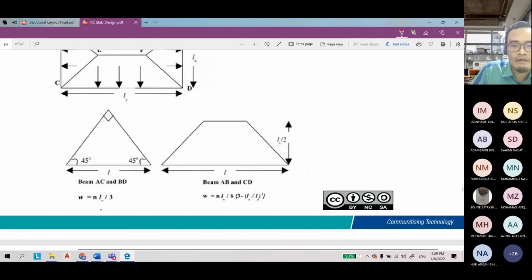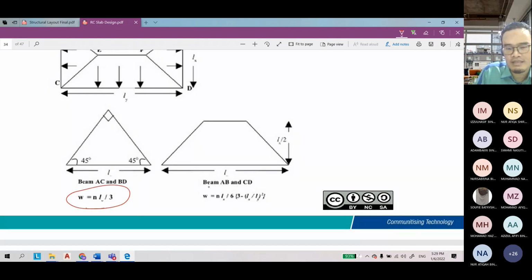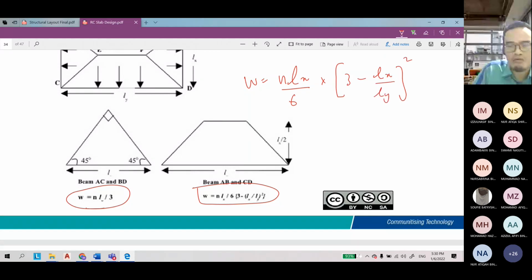If my case is a trapezoid, you can use this equation: W is equal to nLx over 6, multiplied by 3 minus (Lx over Ly) to the power of 2. You can screenshot this equation now.